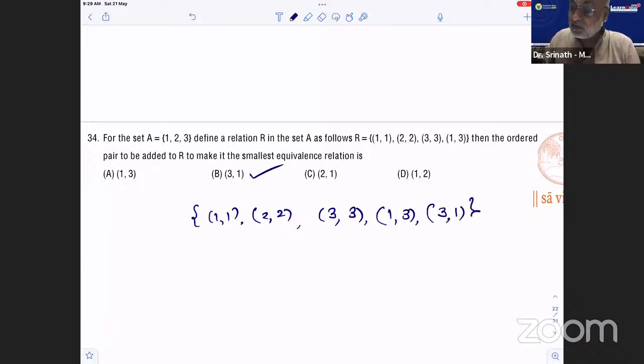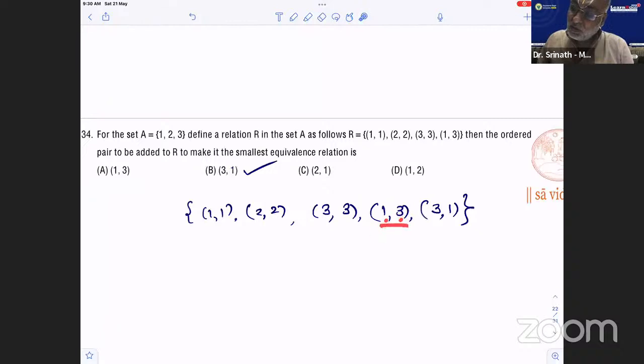First you are convinced that it is reflexive, and you know that it is also symmetric because R inverse is the same as R. Then the transitive part. See, 1 to 1, 1 to 3: 1 to 3 is here itself. Now 1 to 3, 3 to 1: 1 to 1 is here. Suppose 3 to 1, 1 to 3: 3 to 3 is here.